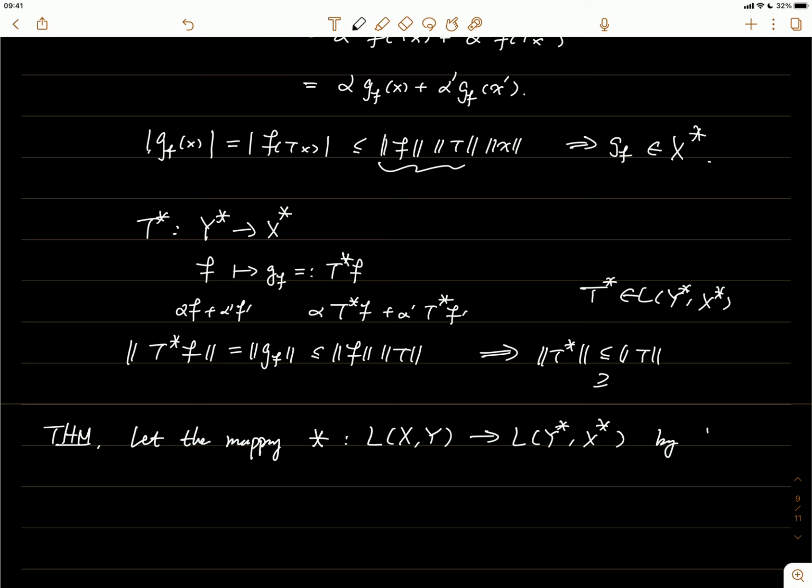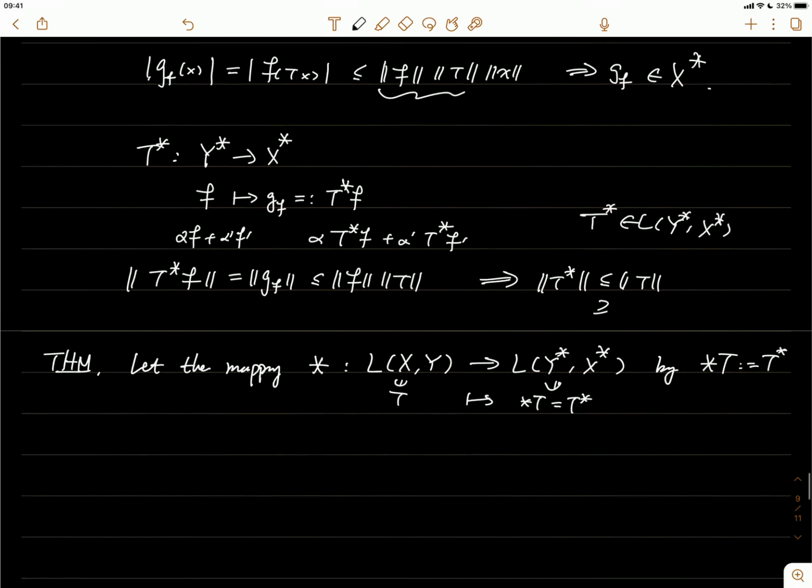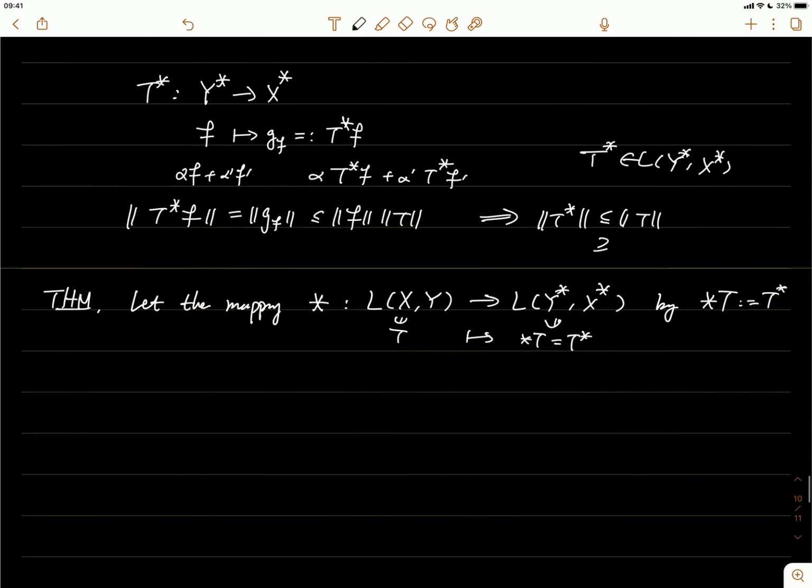The elements in L(X,Y) are the T's. They will be mapped to star of T, which is in here, and this star of T is just the adjoint operator. So the star mapping is just mapping any operator to its adjoint operator. And we should be able to show that this mapping star is an isometric isomorphism.